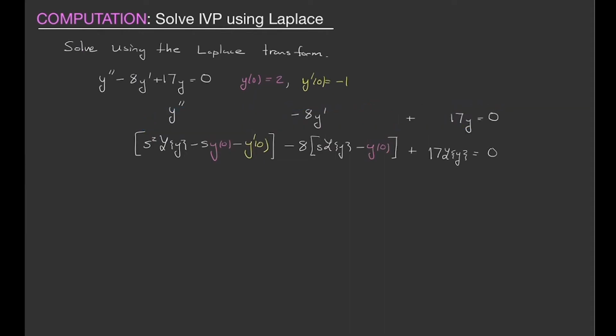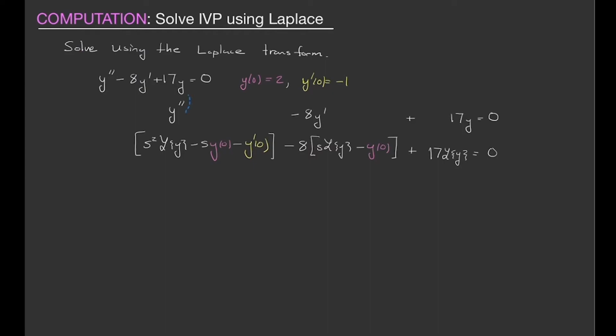If we take the Laplace transform of 17y, because of the linearity of the Laplace transform, that's the same as 17 Laplace of y. If we take negative 8 times y prime and then the Laplace transform, by linearity, we can factor out the negative 8. And then the Laplace transform of a derivative is equal to this here, where I've highlighted the fact that we're taking negative y naught, which will ultimately be 2 in a bit.